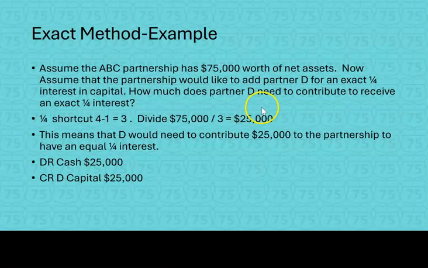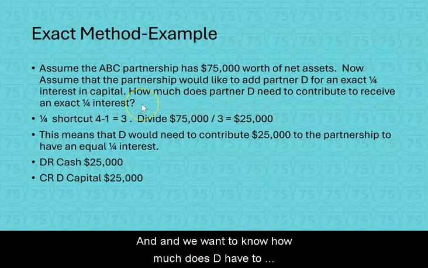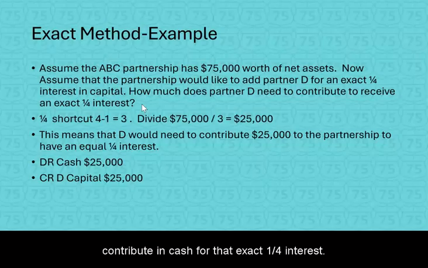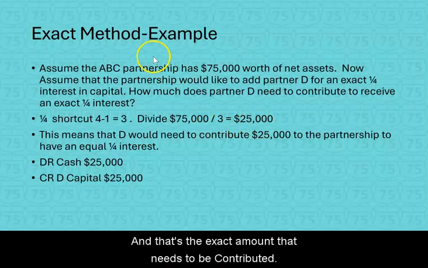Now look what we did. We said that D wants an exact 1/4 interest, and we want to know how much D has to contribute in cash for that exact 1/4 interest. And the shortcut that we take is 1/4 translates to 4 minus 1, which is 3. Divide the existing partnership assets by 3, and that's the exact amount that needs to be contributed.